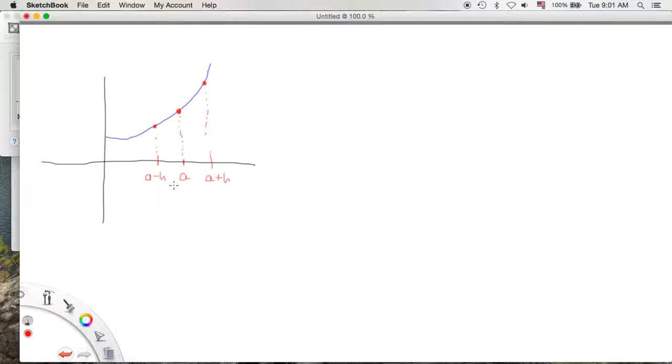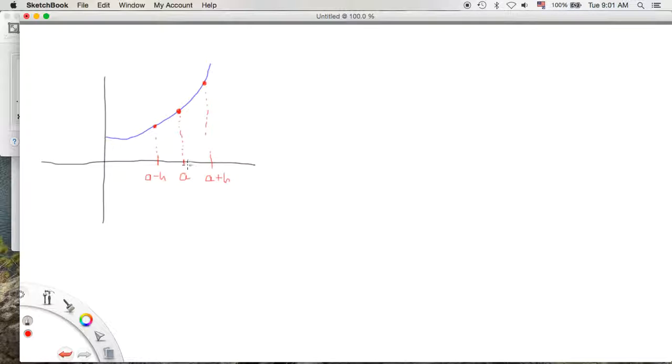Now we were using for our definition of the derivative the slope of the secant line, and then taking its limit as this h gets to 0, as the space between these points shrinks.